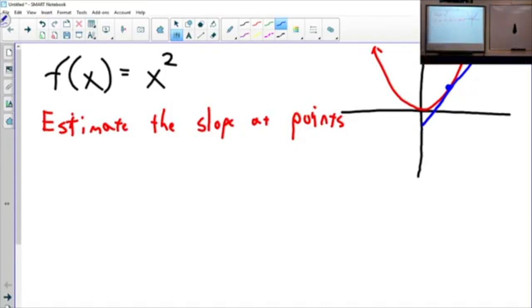But the problem with the tangent line is that because we only have one point to work with, we don't have a slope formula. Because the slope formula needs 2 points. So we need to pick another point.